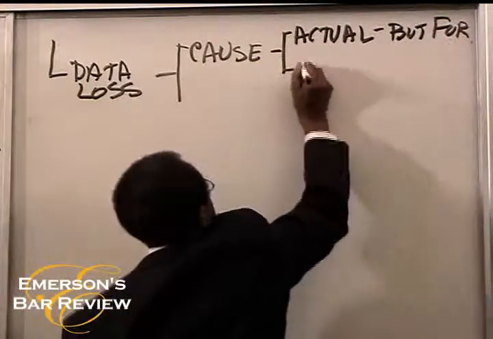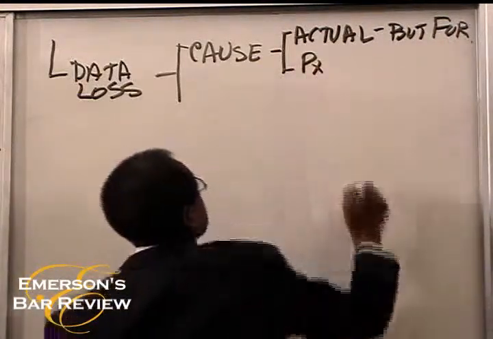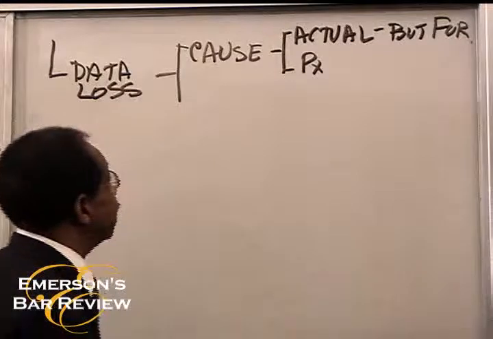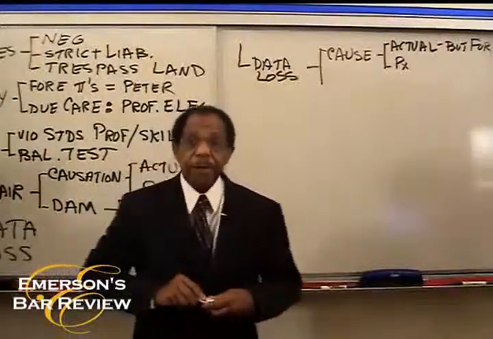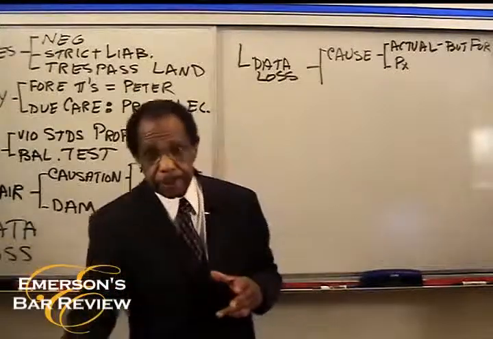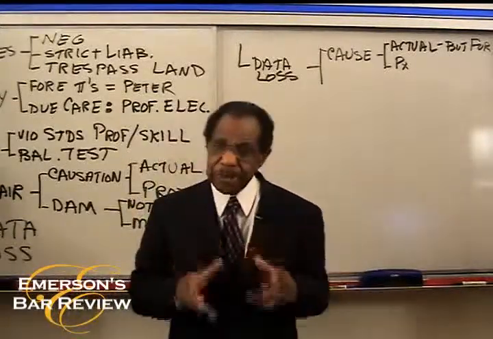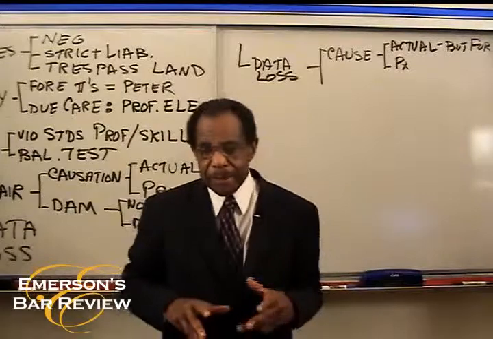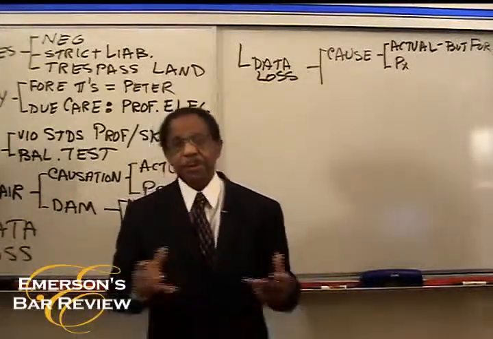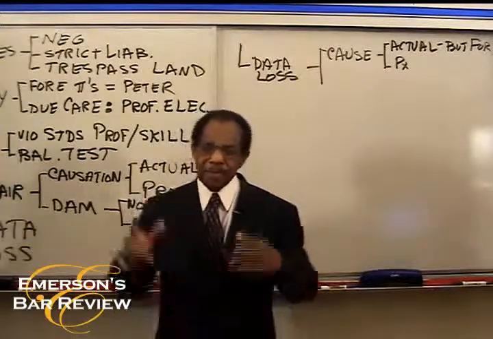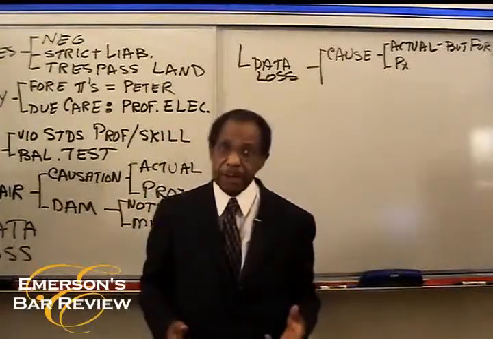On the proximate cause, now proximate cause is a problem here because if you have data on a computer, everybody understands that you can have a cheap computer that you could replace with a few thousand dollars, and it could have $1 million worth of data on it.